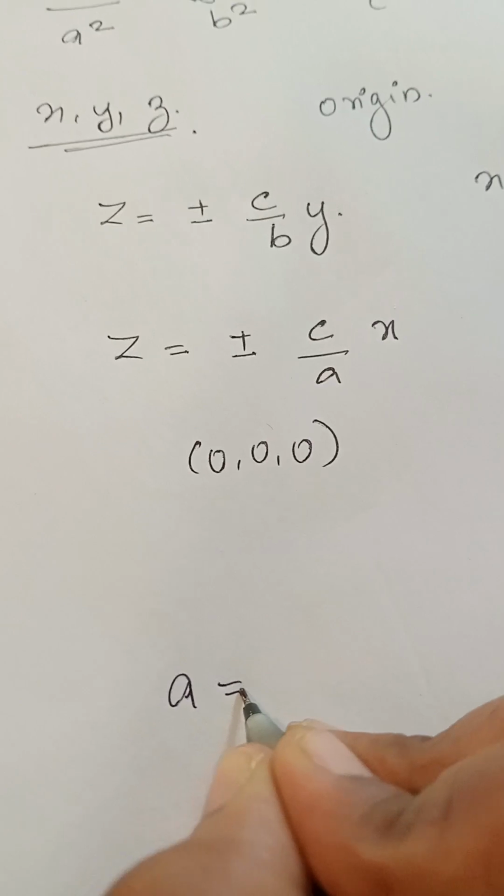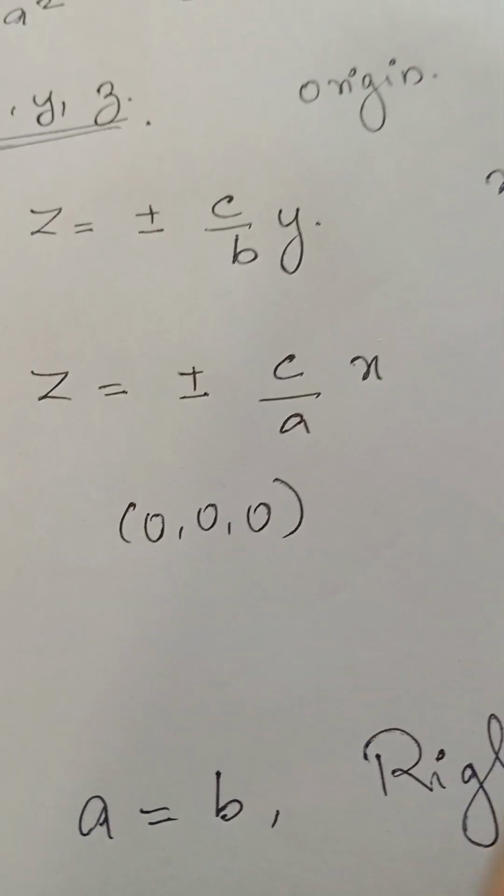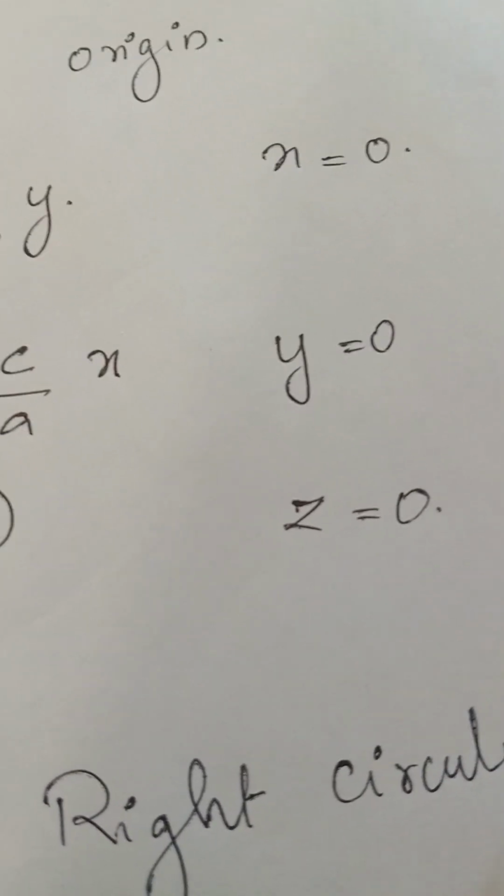If a is equal to b, then the cone is said to be a right circular cone.